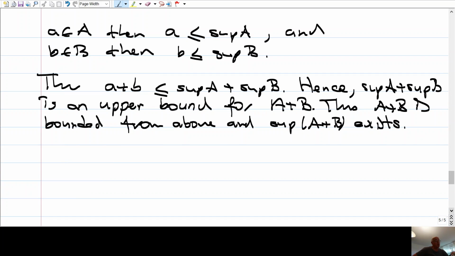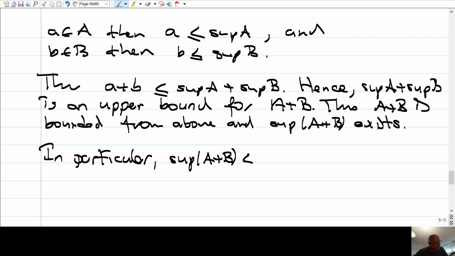All right. Well, this supremum exists, and we also know that this real number, sup A plus sup B, is an upper bound. However, supremum is the least upper bound. Therefore, supremum of A plus B must be less than or equal to supremum A plus supremum B. Why is that?